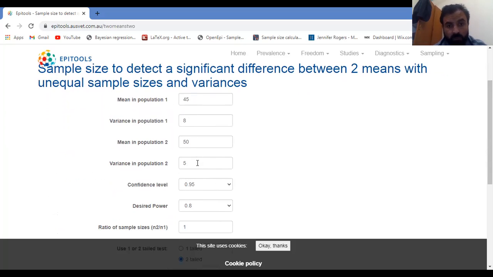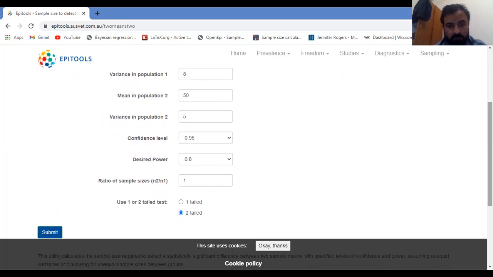Now we need four things instead of three, as the variance in population one and population two are different. So the sample size will differ as the ratio of sample size is taken as 1, but you can change the ratio of sample sizes. And then okay.